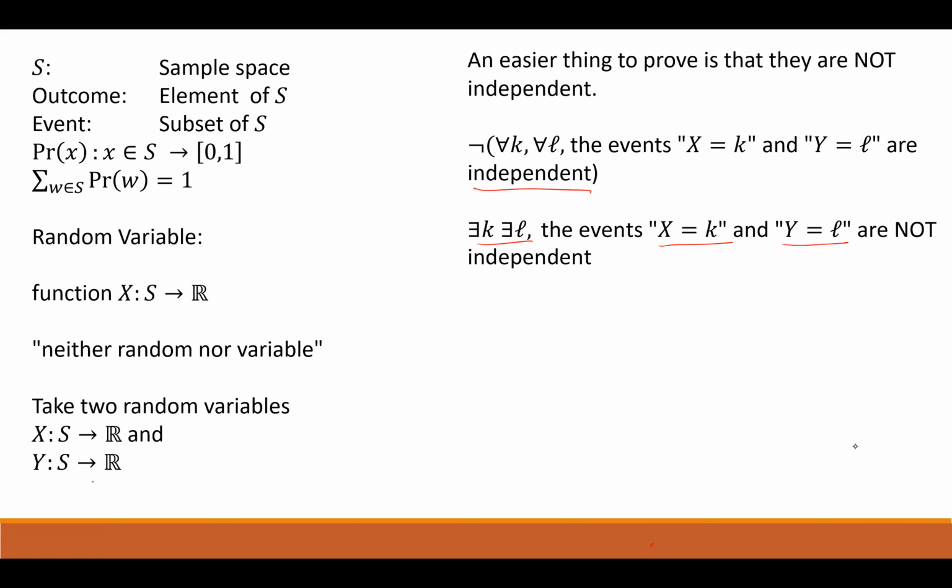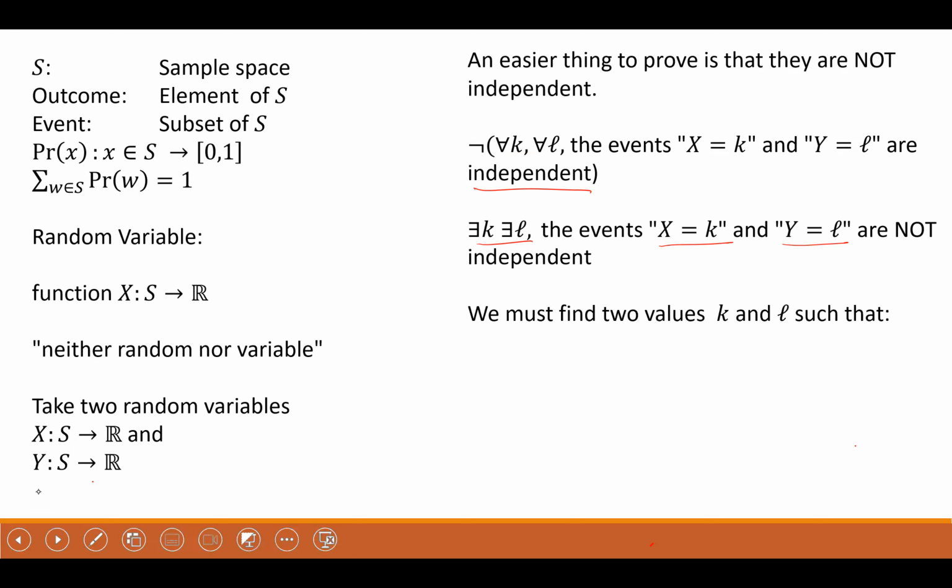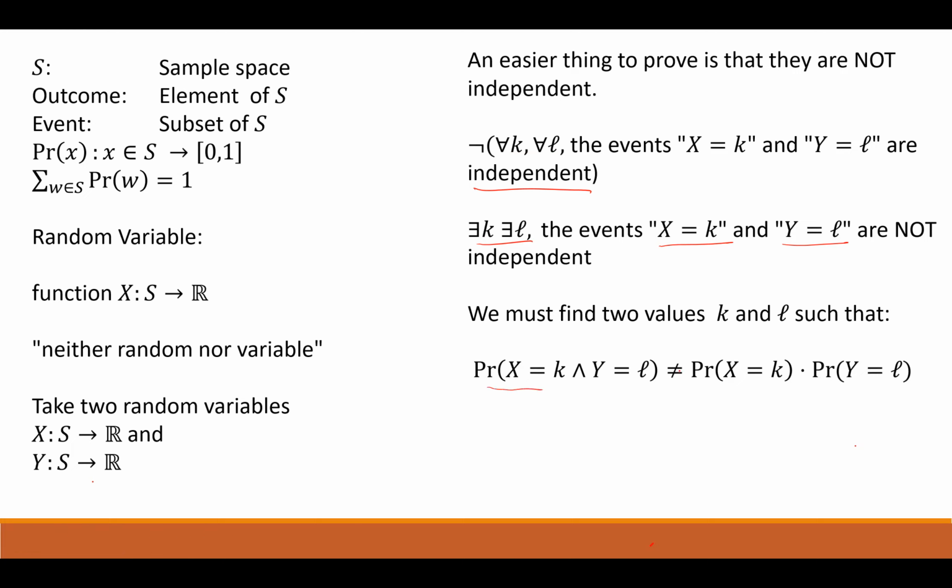To prove they're independent, I have to prove that these are equal for all possible values. But to prove they're not independent, I just need to find two values, k and l, for my random variables X and Y, such that this is not true. And then I'm done. I don't have to do any more work after that.